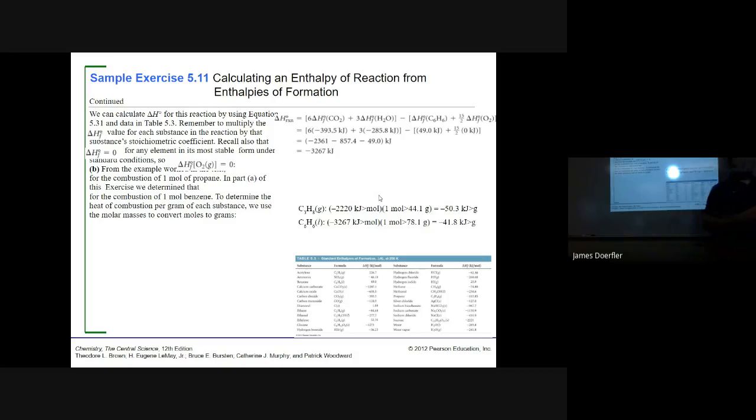And then we're going to do another question very similar to this, except we have to calculate the enthalpy of formation for one of the substances, not the overall reaction. So really, it's just a very basic algebra problem.